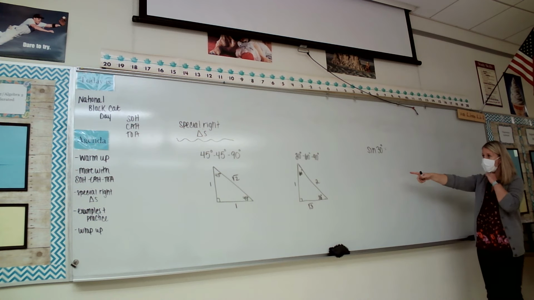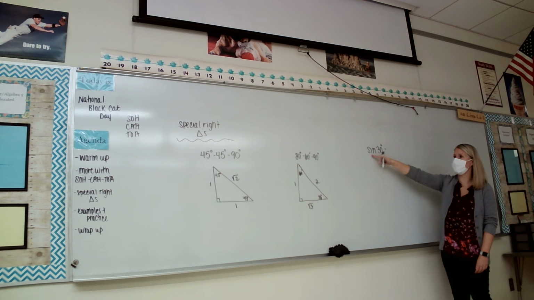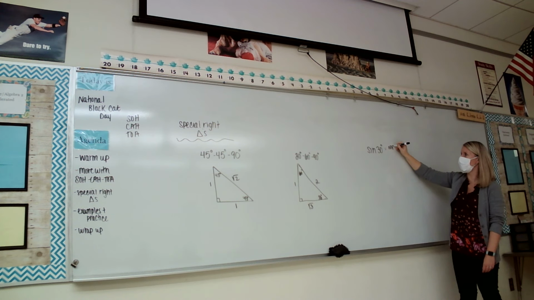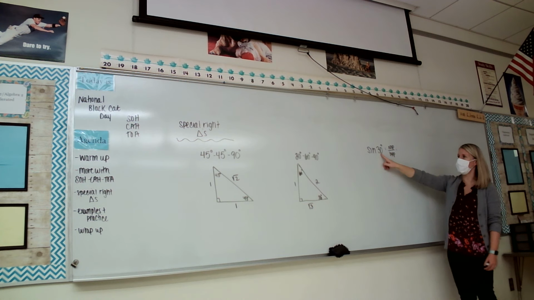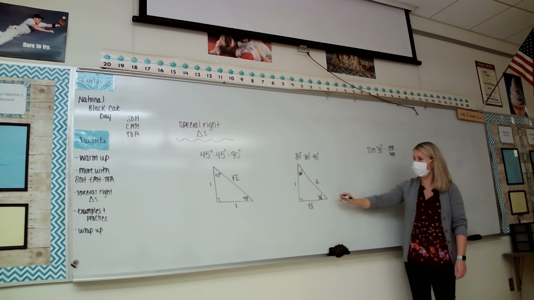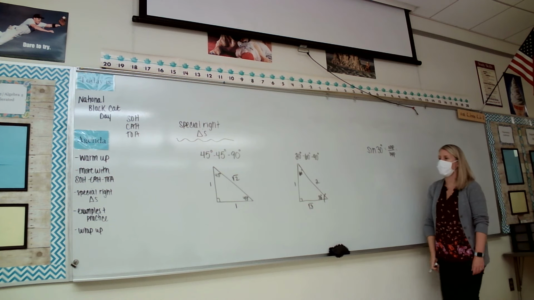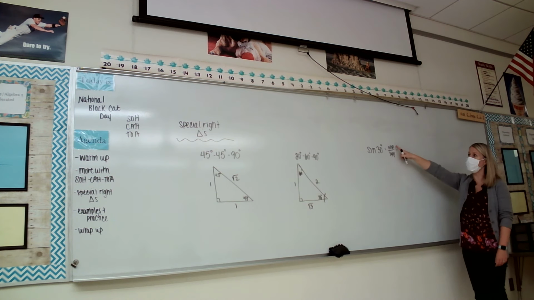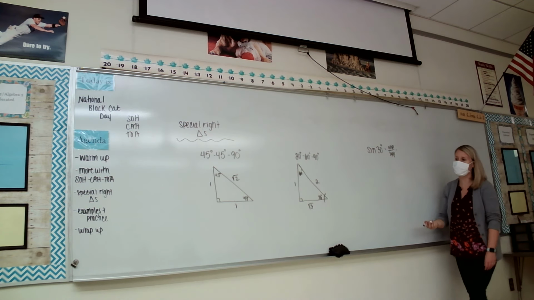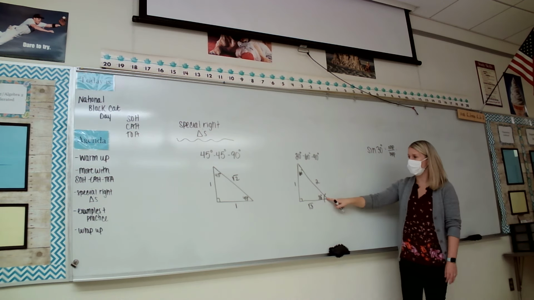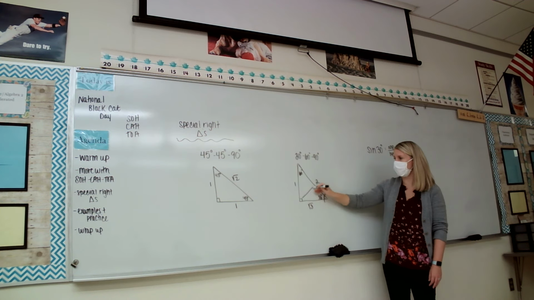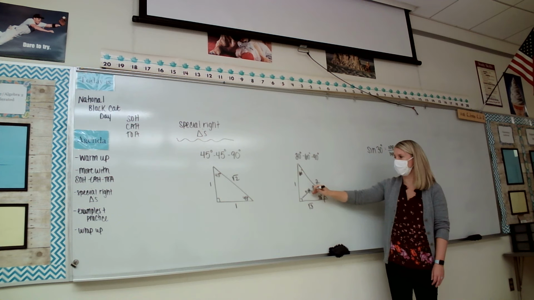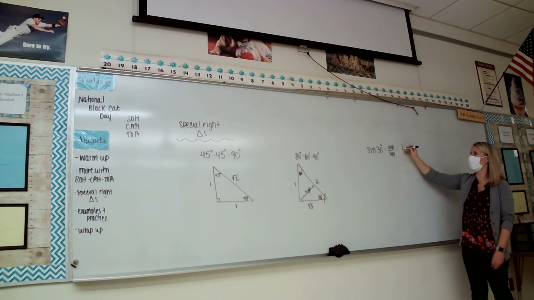You would say, oh, wait a minute, I know that sine is opposite over hypotenuse. And I would go to the 30, and say, from that angle, I'm going to find the opposite and put it over the hypotenuse, and that's what sine of 30 is. So from here, the opposite is 1. The hypotenuse, remember, is across from the 90, so the hypotenuse is 2. So sine of 30 would be 1 over 2.